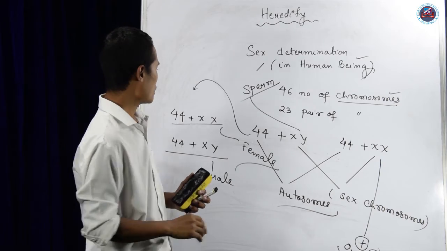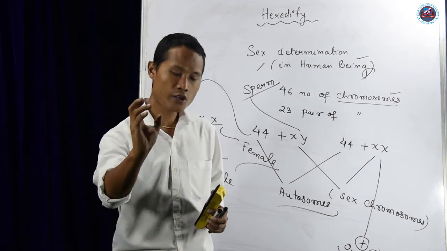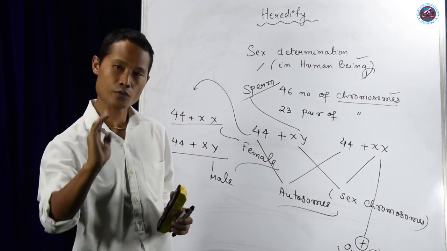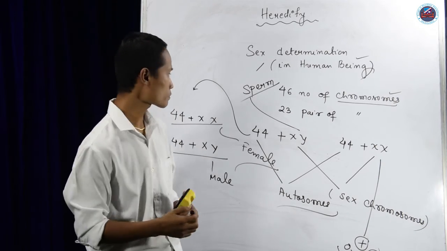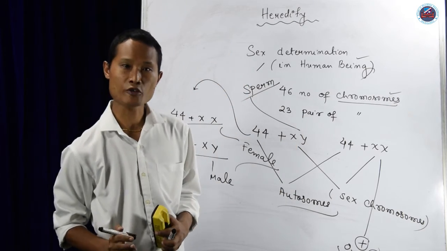So it is the male who is responsible for giving a male child or a female child during the process of fertilization, because it is the male which has X and Y chromosomes.